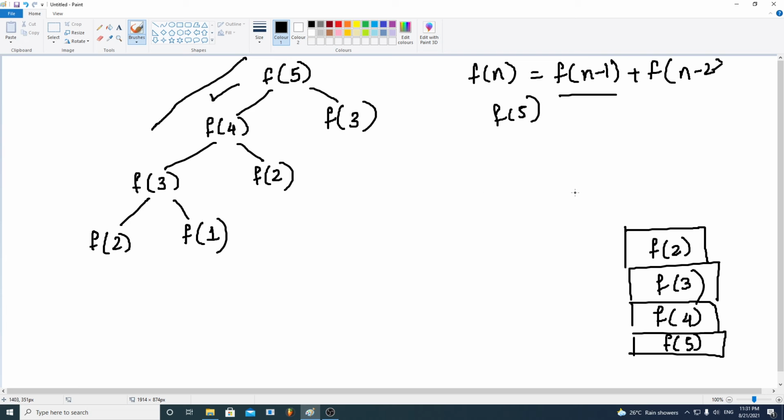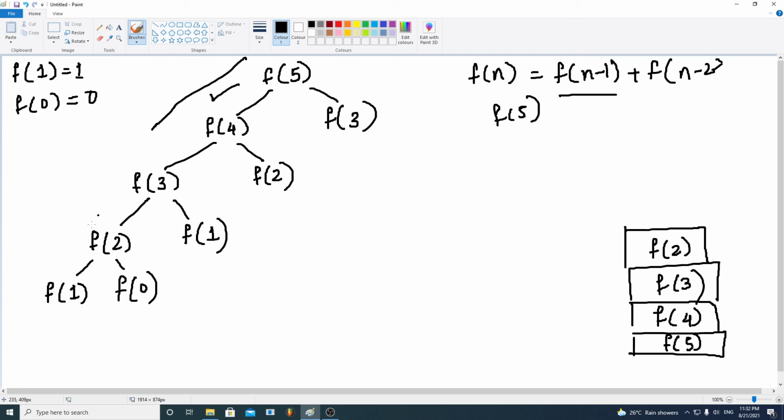So if it's f of 2 now, do we know the value of f of 2? No, we don't. So hence, the next values are f of 1 and f of 0. Hey, we know the values of f of 1 and f of 0. F of 1 is nothing but 1 and f of 0 is nothing but 0.